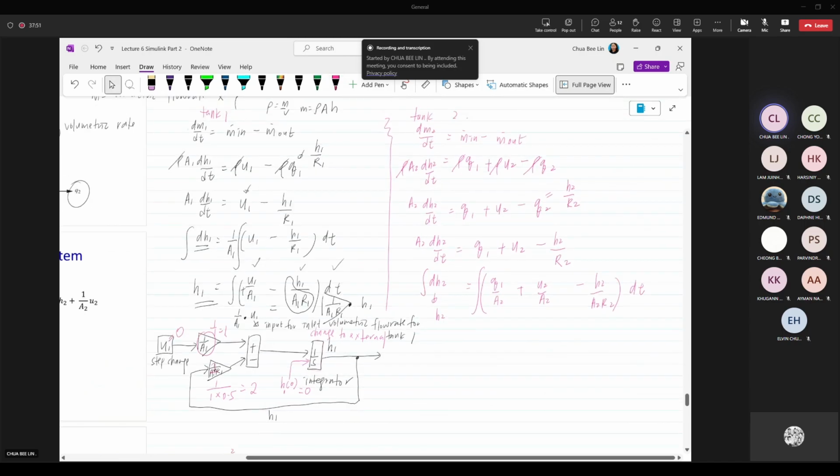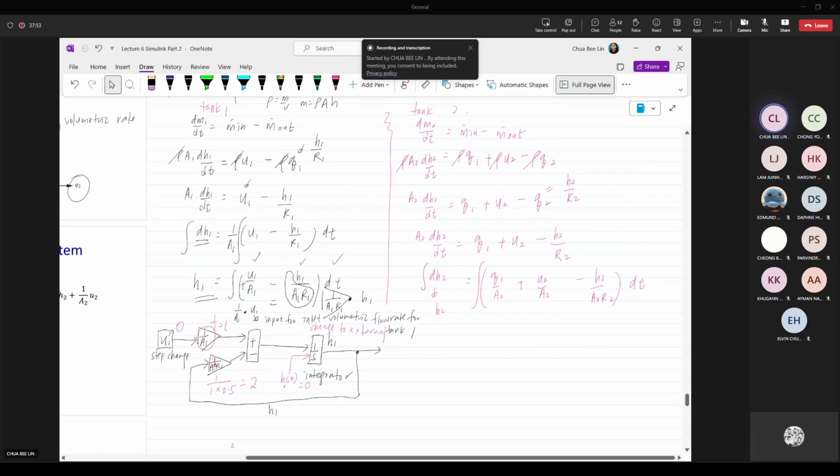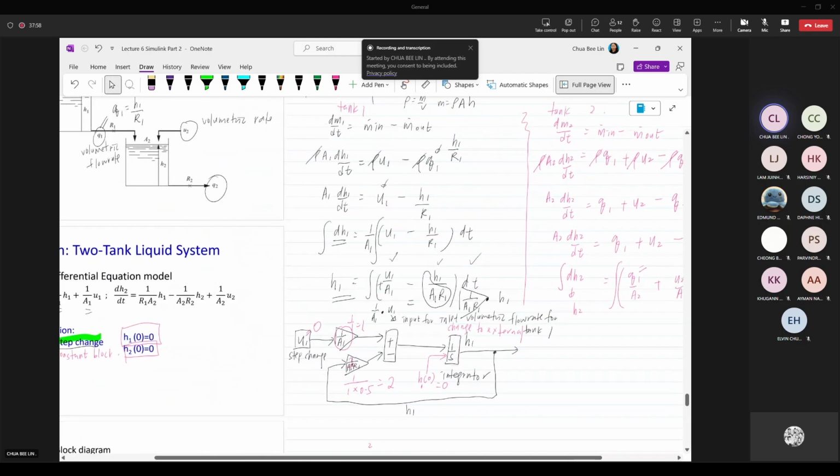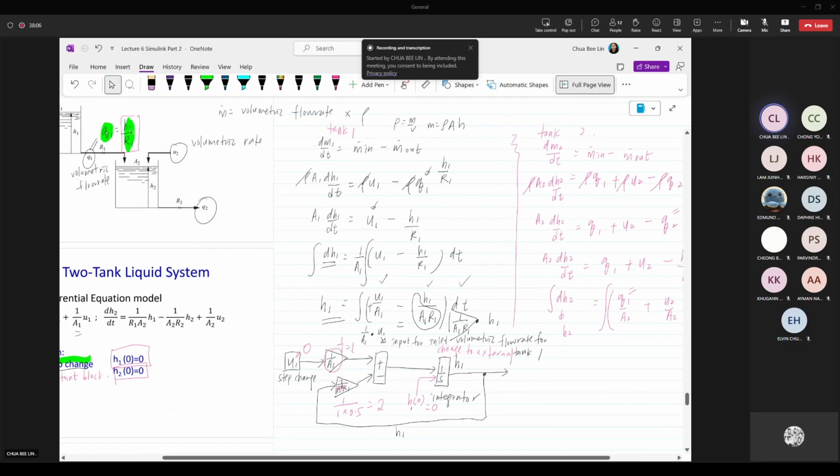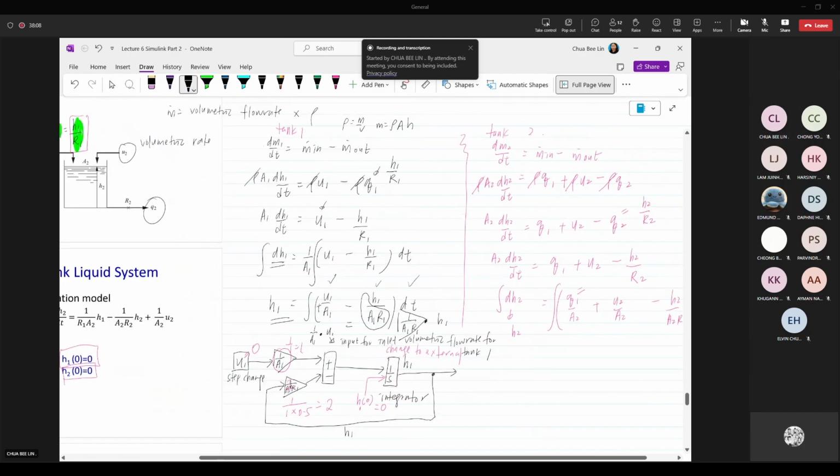Okay, if you continue from here, you remember what is your Q1? Your Q1 is H1 over R1. So from here, this whole thing is actually H1 over A2 multiplied with R1.